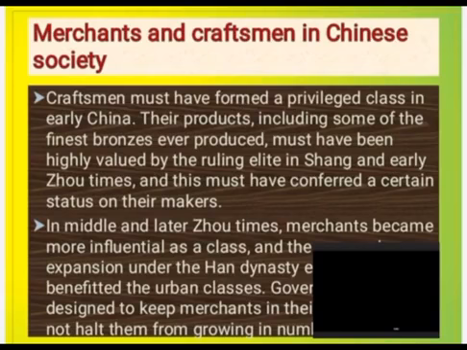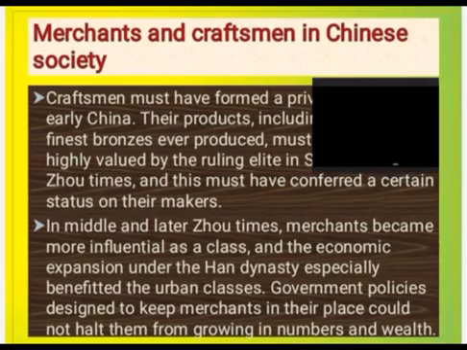The merchants and craftsmen in Chinese society. Craftsmen must have formed a privileged class in early China. Their products, including some of the finest bronze ever produced, must have been highly valued by the ruling elite in Shang and early Zhou times, and this must have conferred a certain status on their makers.